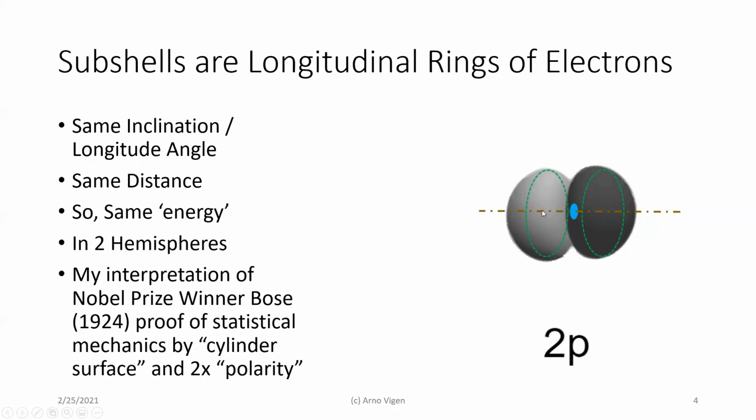Well, there it is. Two hemispheres, polarity, and the cylinder surface. This is like the end cap rim of two cylinders on either side of the nucleus. And that is the engineering logic that I use in explaining all electron rings, chemistry, and physics.